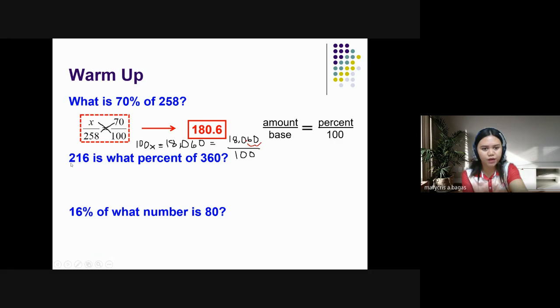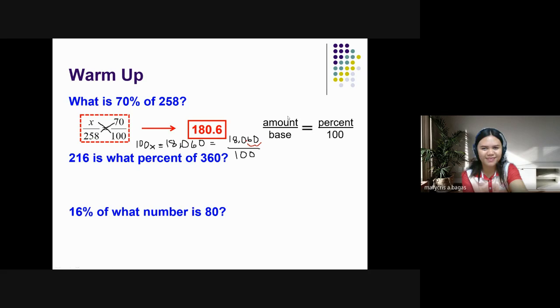Please write 216, your amount, and then 360 is our base. Then we're looking for the percent. So you're going to cross multiply that one.